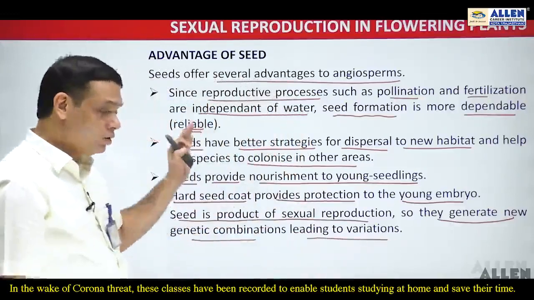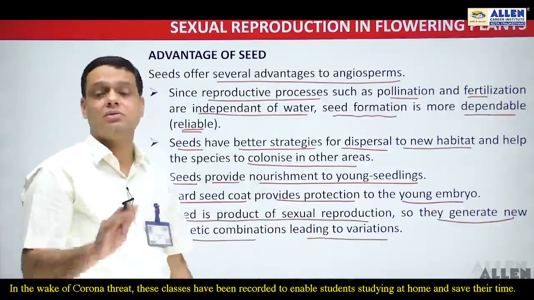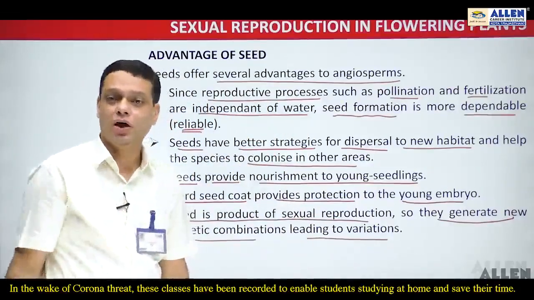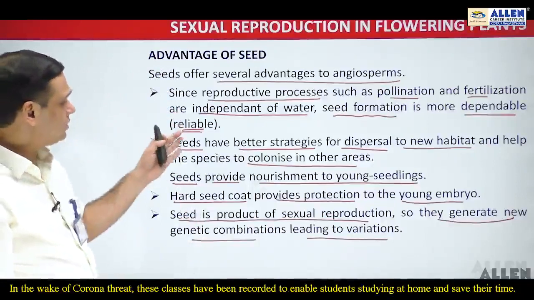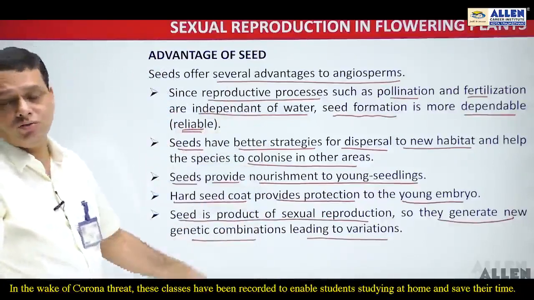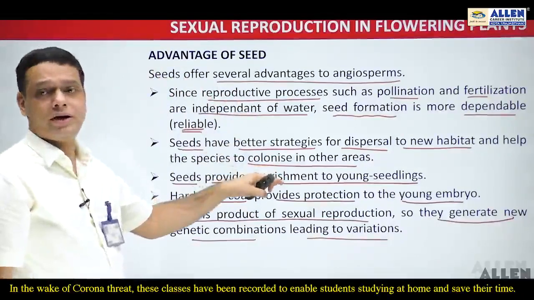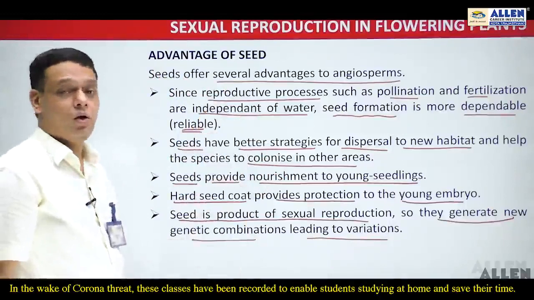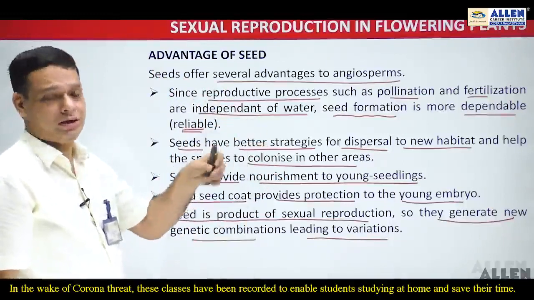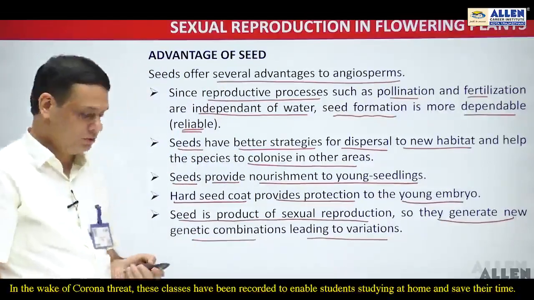So seed also plays a vital role in the production of variations among the various species of angiosperms. So these are the certain important advantages of seed formation in the case of angiosperms, which is considered a more dominant advantage as compared to the independence from water in some reproductive processes in angiosperms.